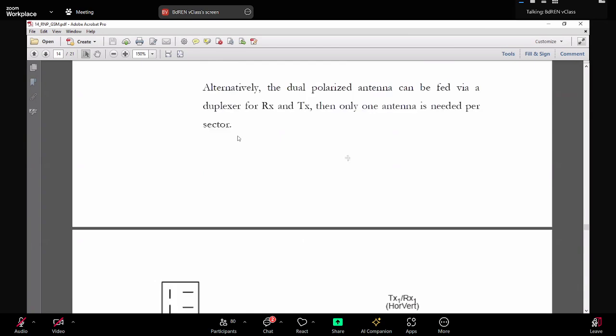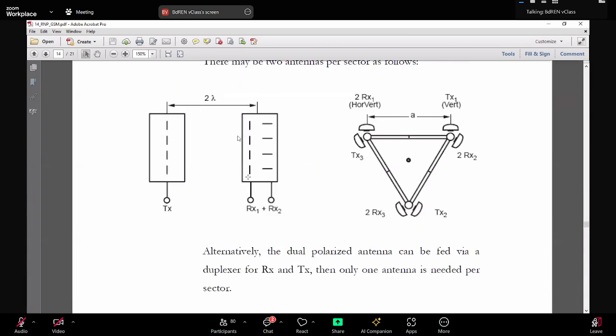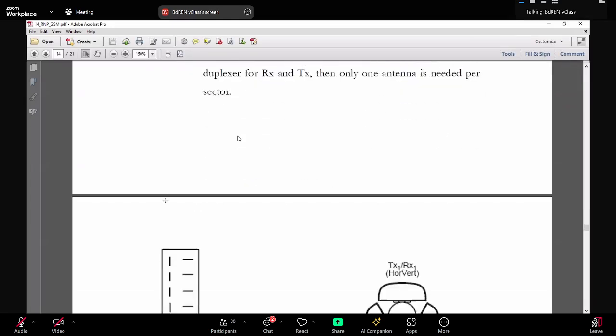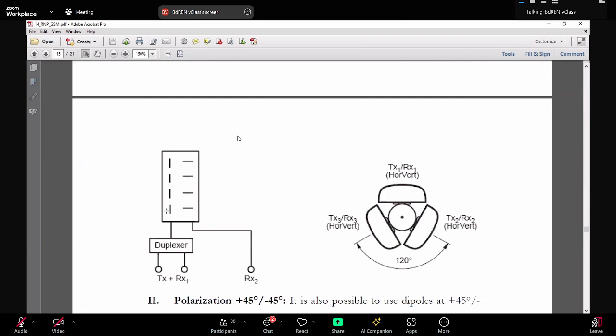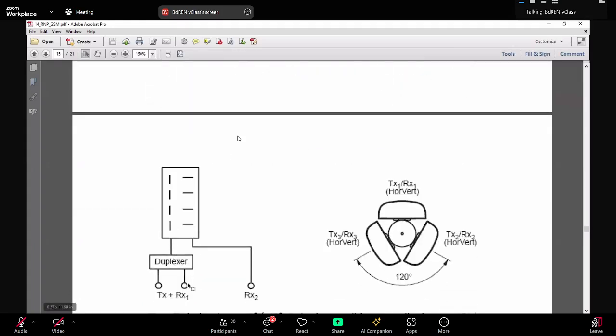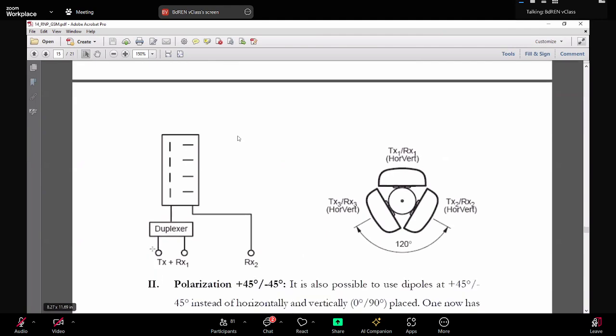But if you use it this way, the transmitter and receiver vertical antennas are not different, rather you're using the same one, then you need a duplexer to separate the signal. You feed signal from one circuit. This is actually a type of circuit, the duplexer, which can separate the signal.